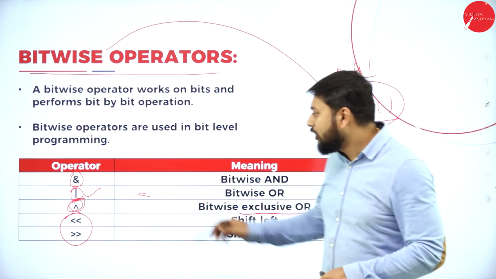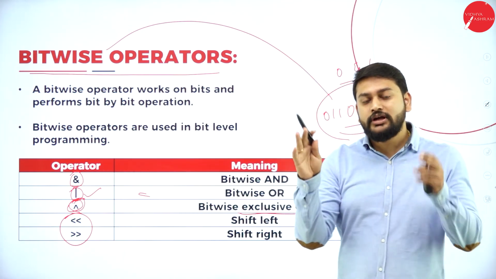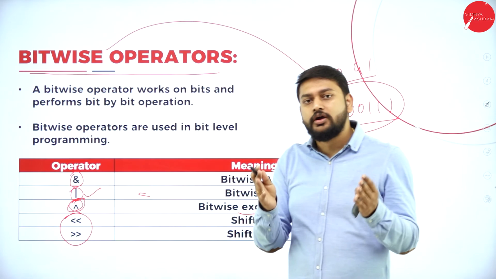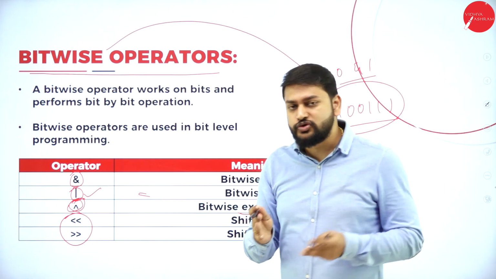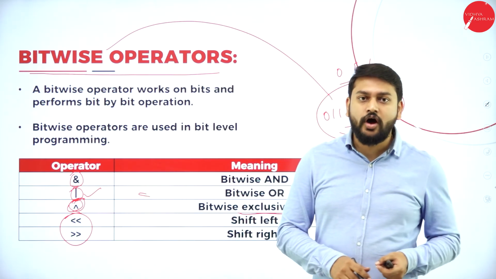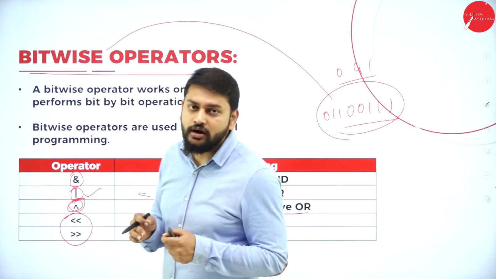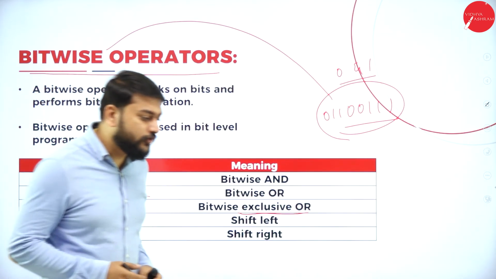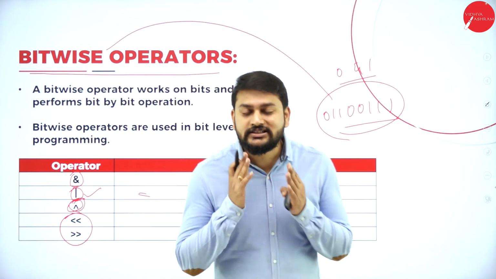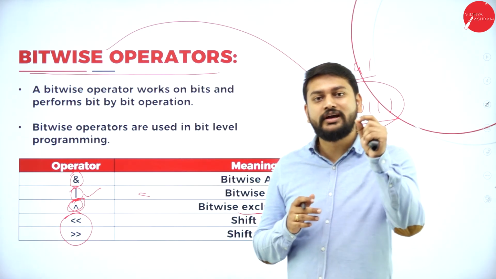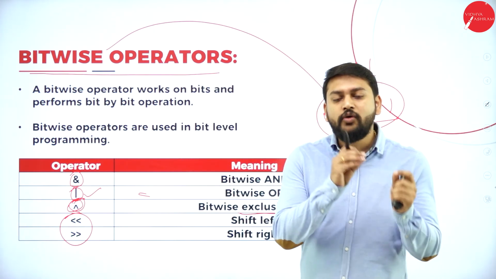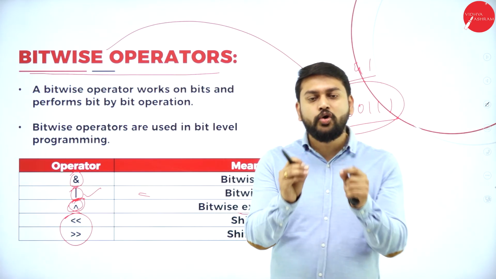You all know what AND is? Both the conditions should be true. What is OR? So you will be performing addition. What is exclusive OR? When it is exclusive OR, we call it XOR. So please understand, when it is XOR, any one of the inputs should be 1, then only it is 1.